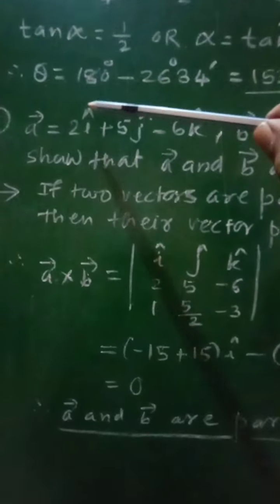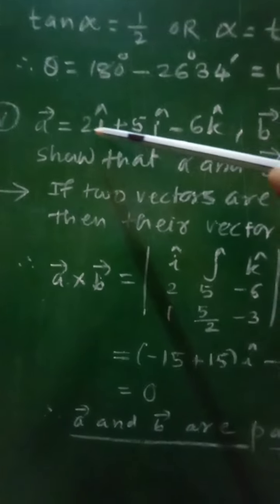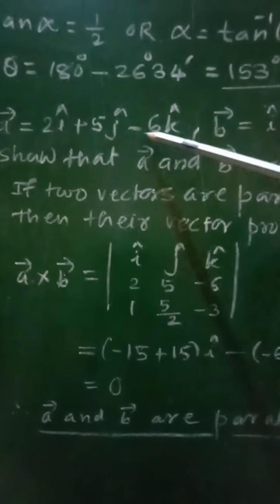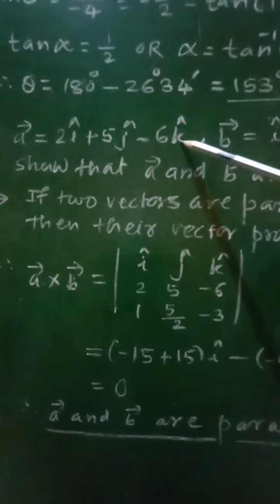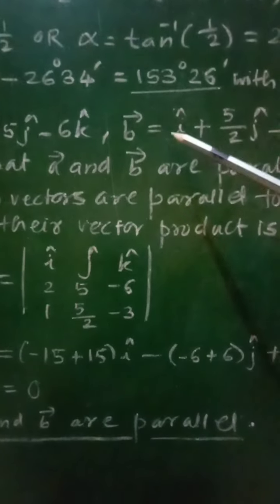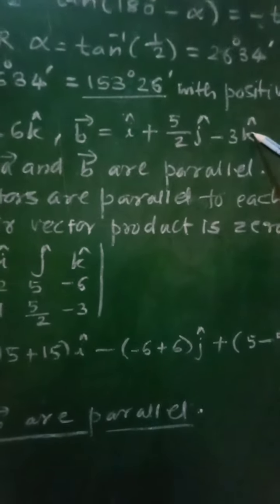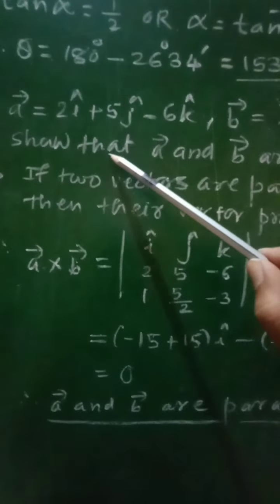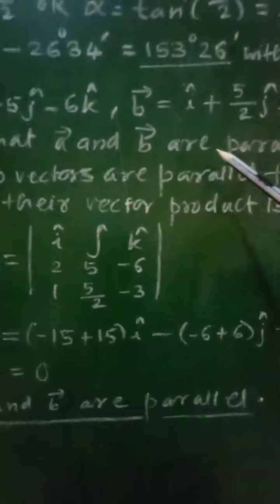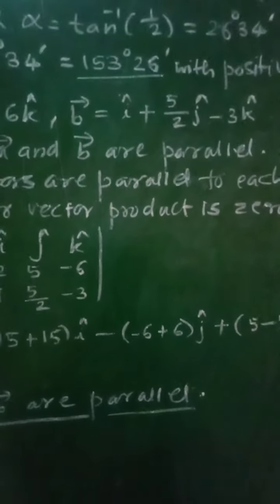For this numerical the given data is vector A is equal to 2 i cap plus 5 j cap minus 6 k cap, then vector B is given i cap plus 5 by 2 j cap minus 3 k cap. And we have to show that vector A and vector B are parallel to each other.